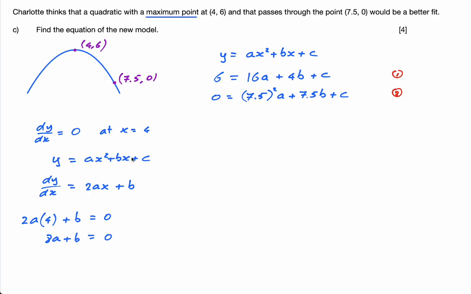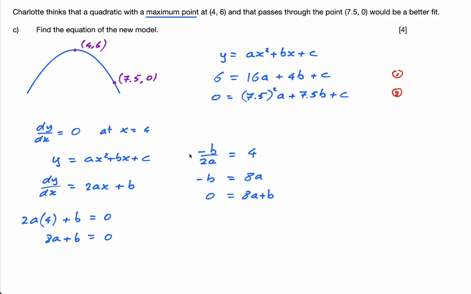Alternatively, you can say x equals 4 is the line of symmetry, so minus b over 2a equals 4, and look what you get. You get minus b equals 8a, and then 8a plus b equals 0.